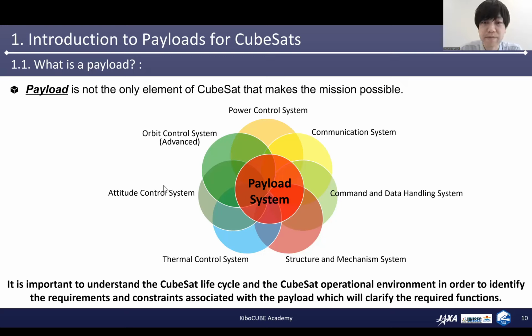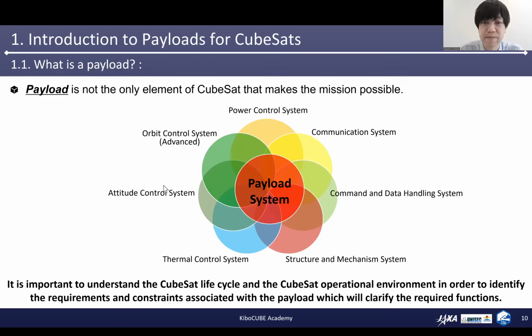There are several sizes of CubeSat: 1U, 2U, 3U, and 6U, etc. CubeSats come in several sizes, which are based on the standard CubeSat unit.